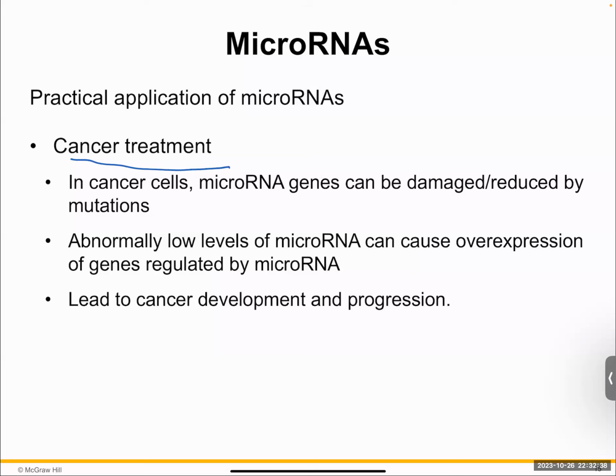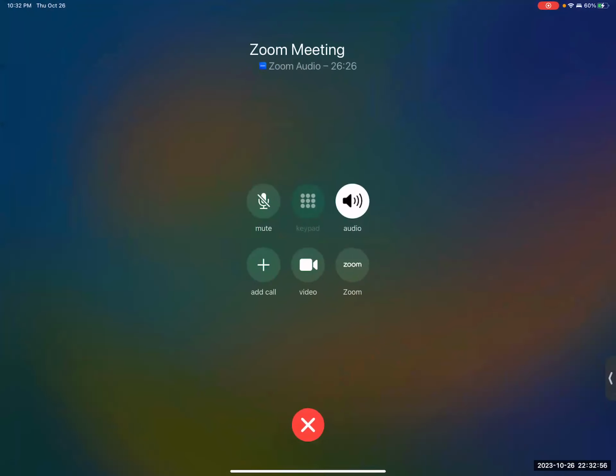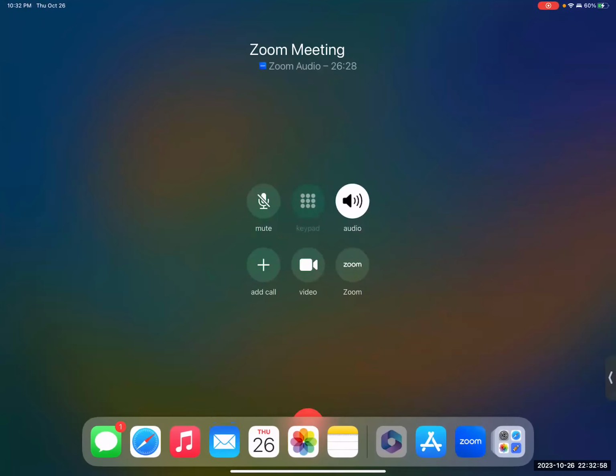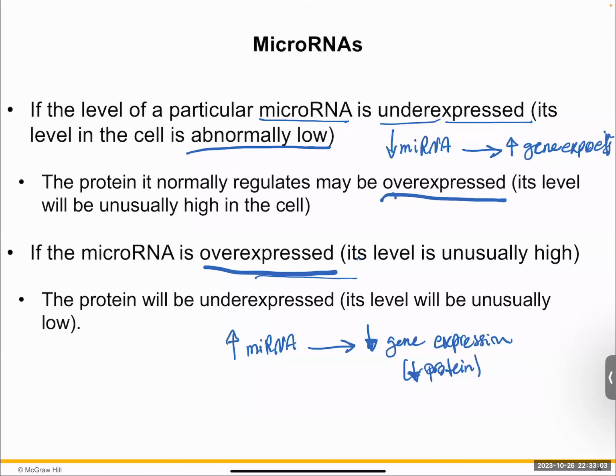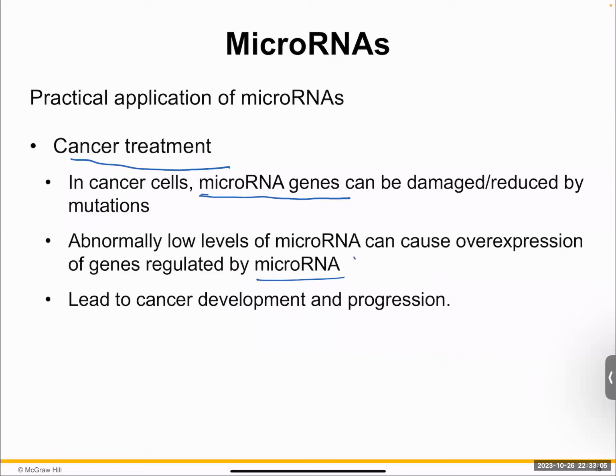So let's say you have a cancer cell that has microRNA genes in them, and those genes are damaged or reduced by mutation, which means those microRNAs cannot do what they're supposed to do, right? That means the level of your microRNA is really low.